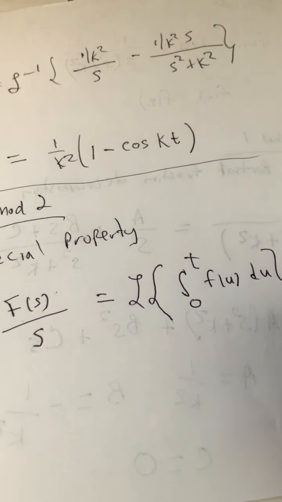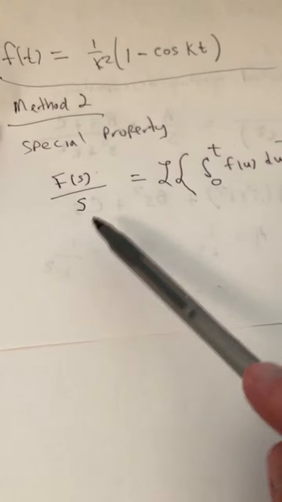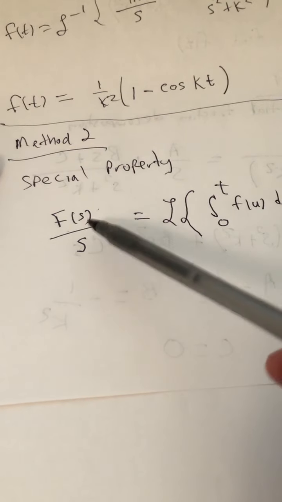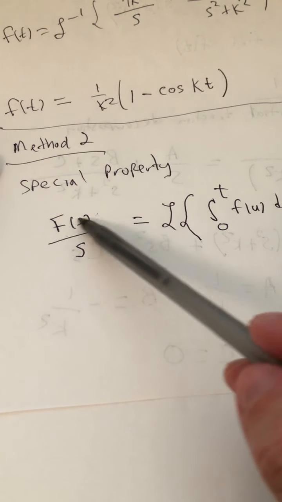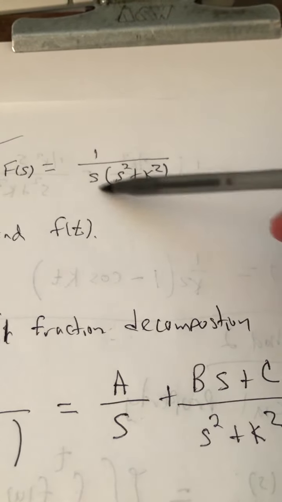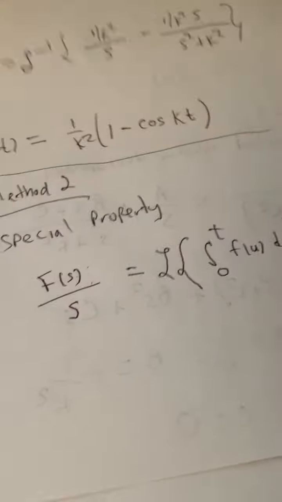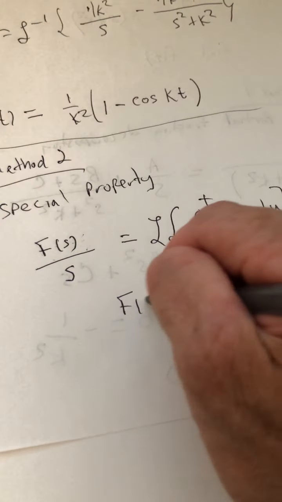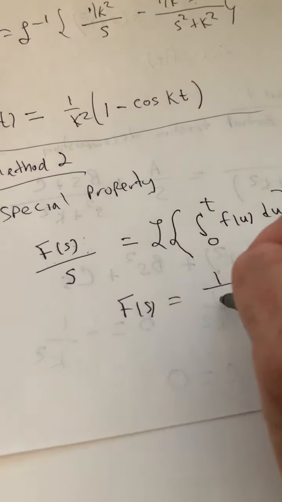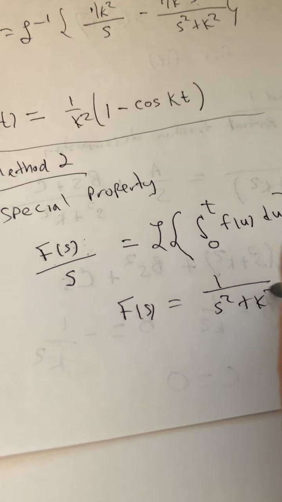So you have to recognize that you can take the inverse transform of big F of s. So in our situation, big F of s is 1 over (s squared plus k squared).